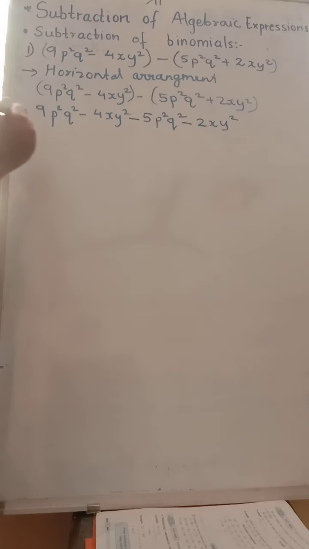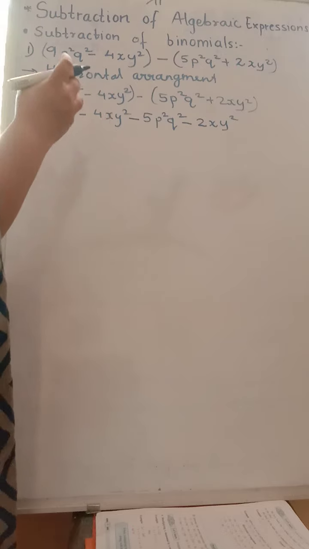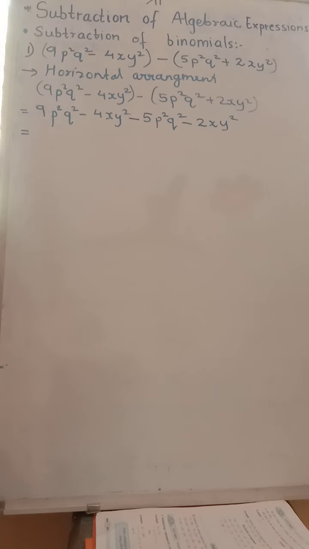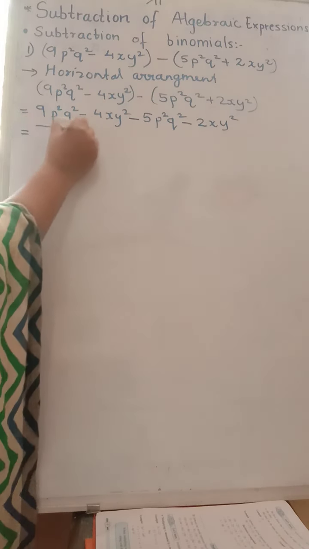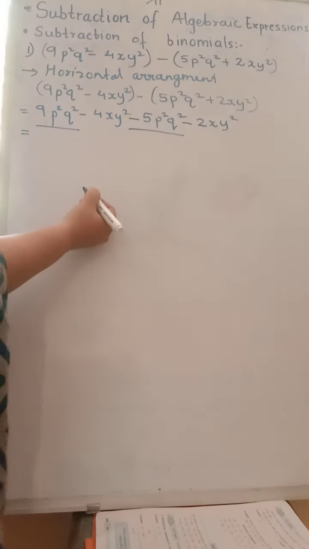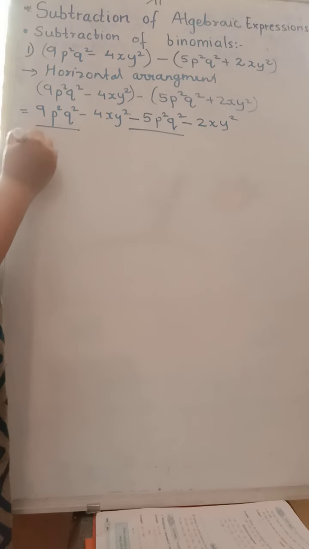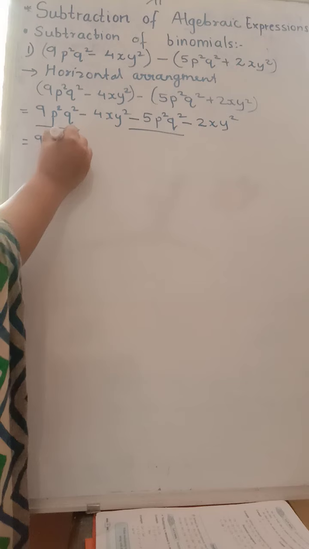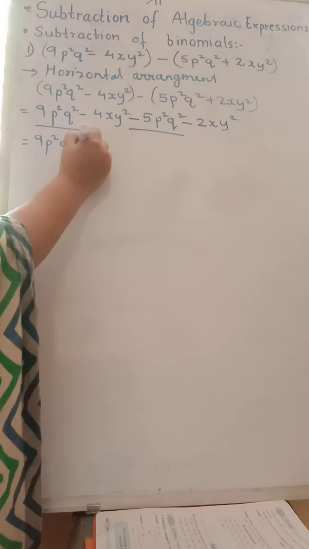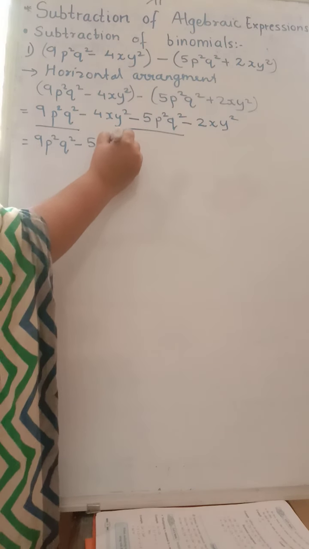Now take the monomials, or the like terms, together. So the like terms are this and this. So we'll write first 9p square q square minus 5p square q square.